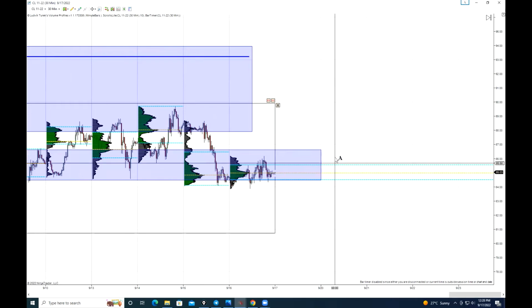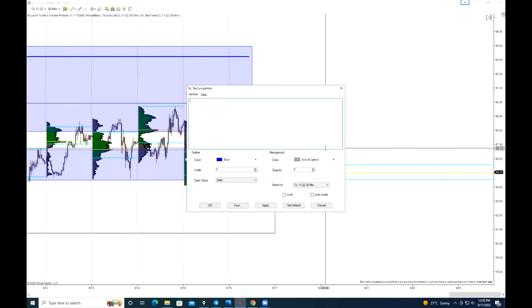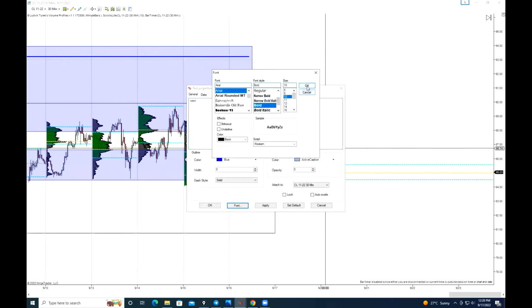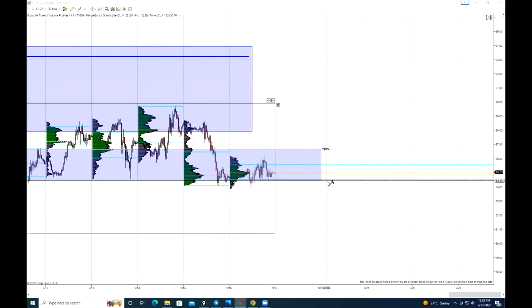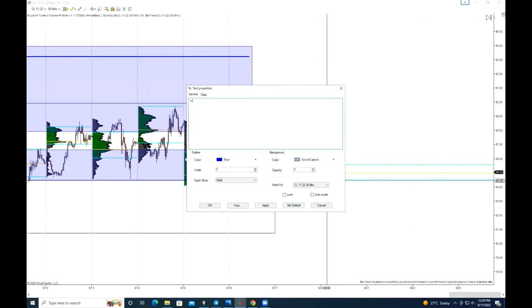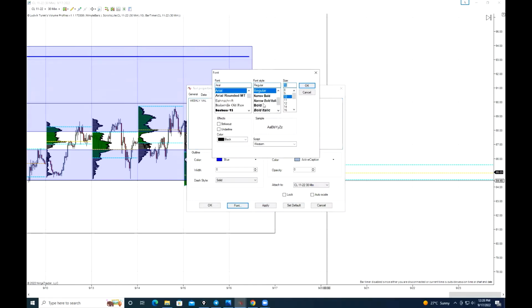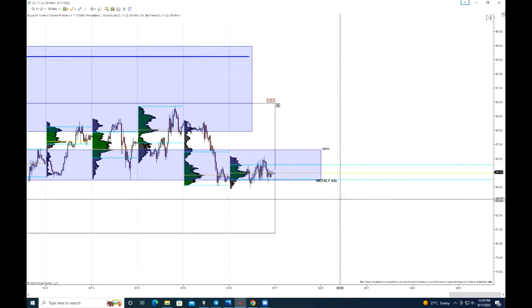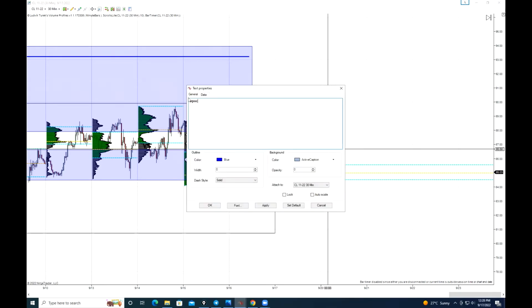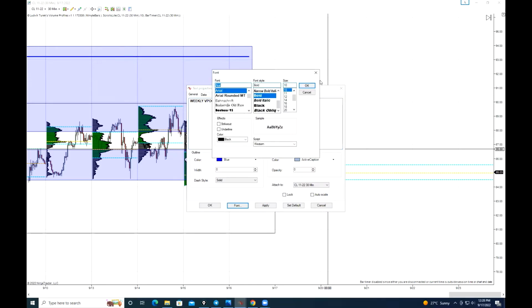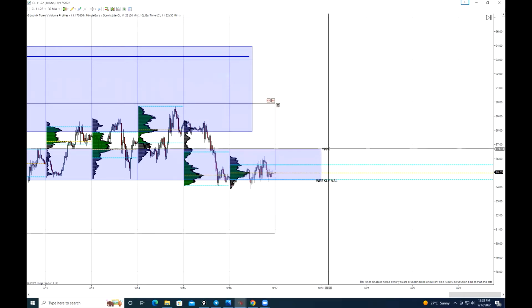Mind you, this is a weekly composite VPOC. And this is the weekly value area low. It doesn't hurt if we just name them. Weekly VPOC.